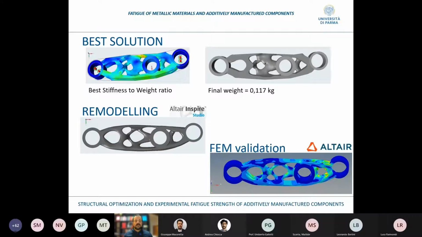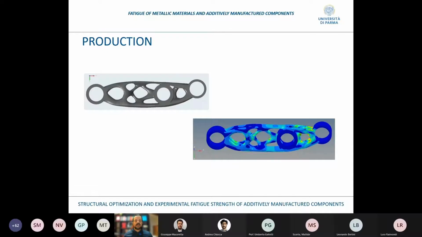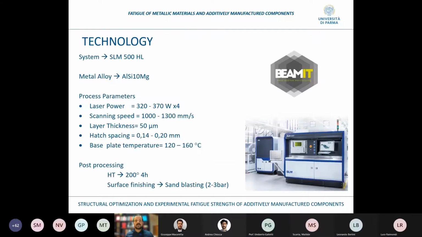The link between the 3D model and the production is usually not so easy to achieve for a research group, but luckily, as I said, with the help of our partner, we had access to the technology and the production directly.